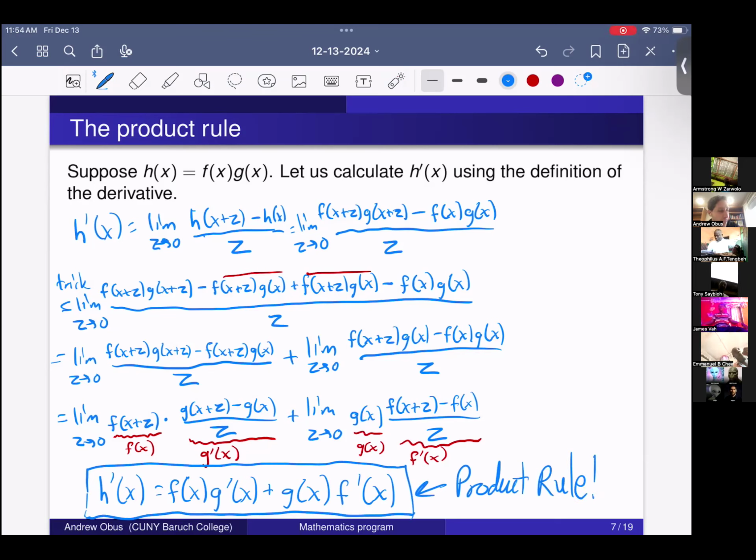By the way, in terms of sections, this is all from section 2.4 of the book. Let me make sure. This is all section 2.4 of the book, yes.